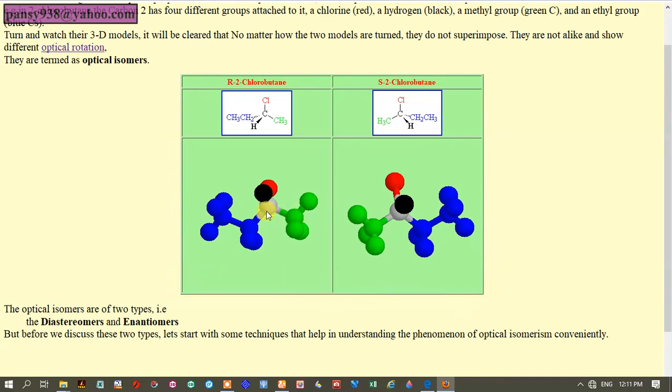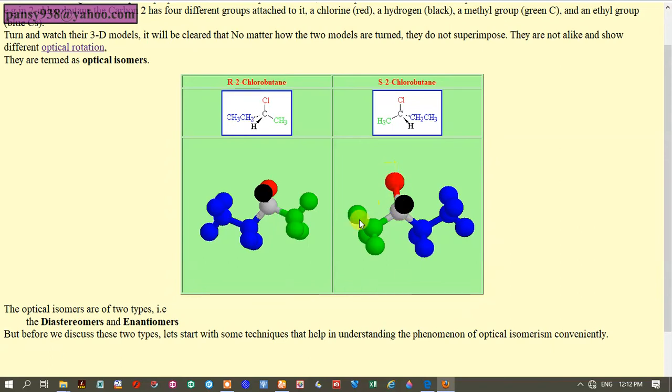In this compound, this carbon, which is gray in color shown here, is called a chiral center, which bears all different groups. For example, here you see the methyl group, the ethyl group at one end, it bears hydrogen, and at the fourth side it has chlorine.